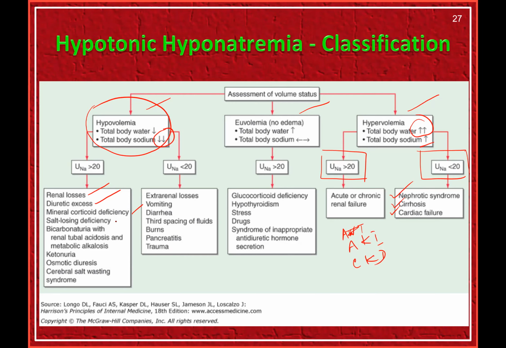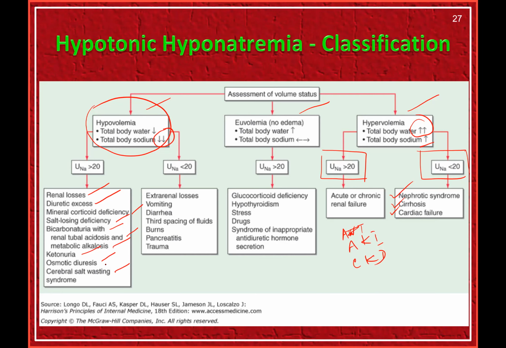Or there are salt losing situations and bicarbonate deficiency, renal tubular acidosis, or metabolic alkalosis, ketonuria, osmotic diuresis, cerebral salt wasting syndrome. These are all the various causes, out of which the most common are diuretic use, renal losses of sodium, mineralocorticoid deficiency, and then renal tubular acidosis.